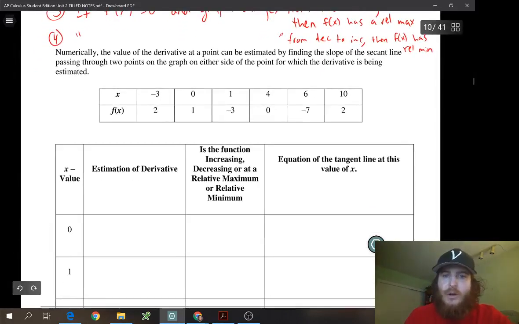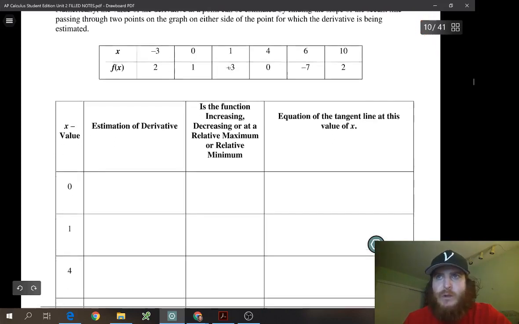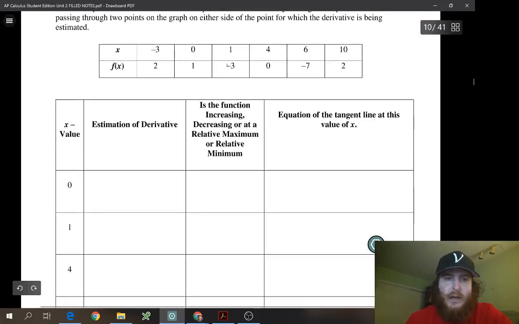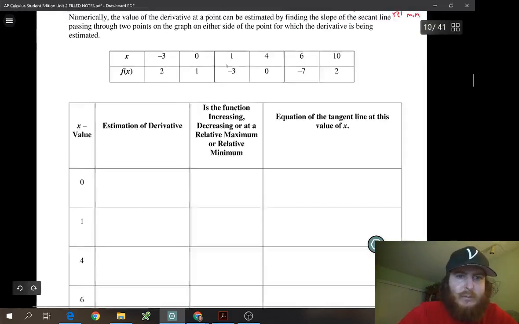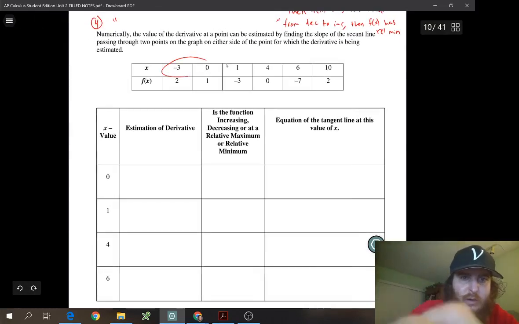Okay. So now what I want us to do is to kind of look numerically at the derivative at each point and estimate it by finding the slope of the secant line passing through both points. Okay. So the secant line is the line connecting -3 and 0.